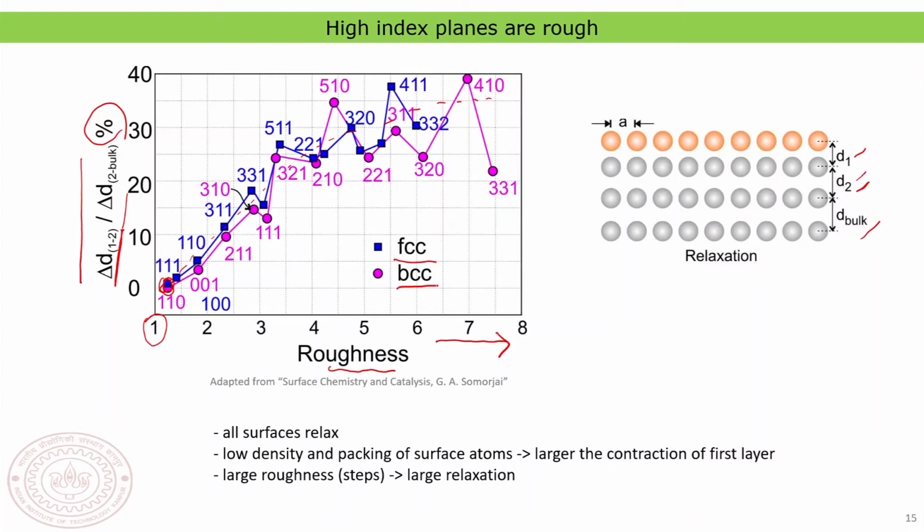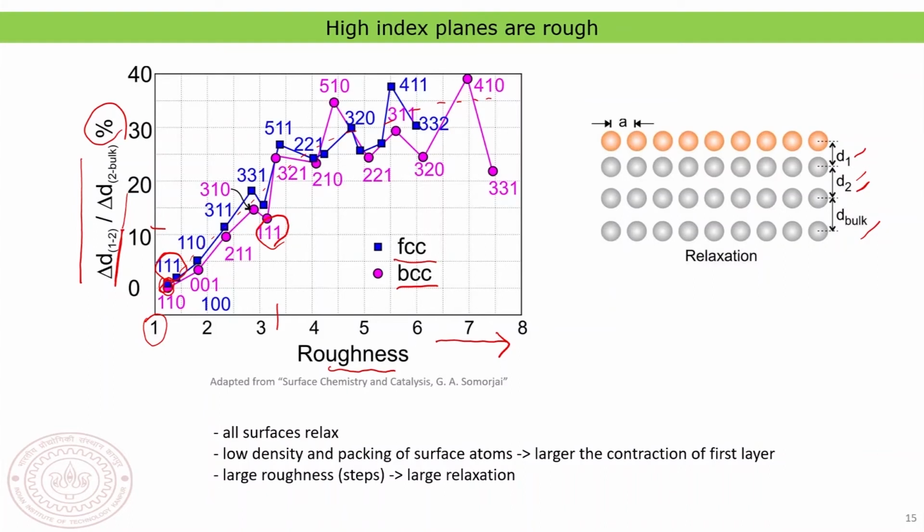But what has to be particularly noted is that your FCC 111 surface has the lowest roughness, whereas the BCC 111 surface has a much higher roughness and also a higher relaxation of the surface atom. That is also something we summarized in our previous lecture, that the BCC 111 surface is definitely a higher roughness surface compared to the FCC 111 surface.